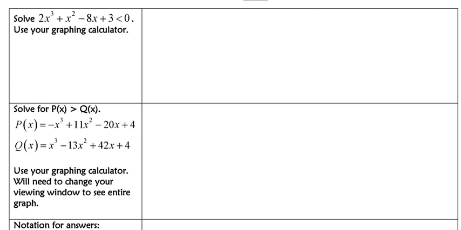I'm going to go ahead and sketch the graph. So here's 0, and somewhere over here, negative 2.4. So my roots are at negative 2.4.